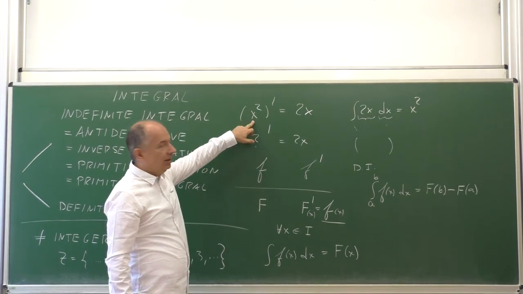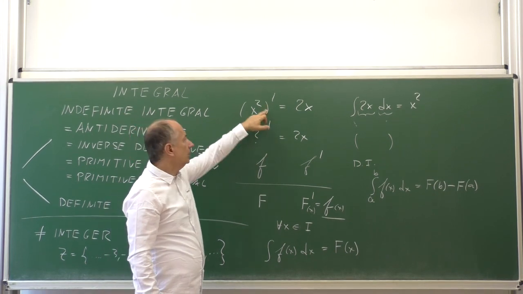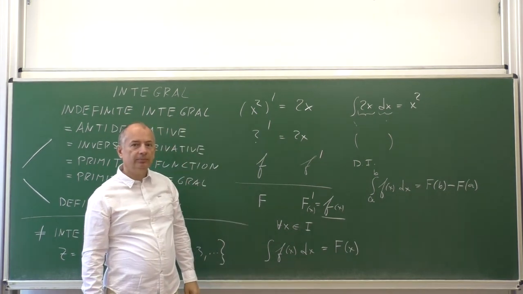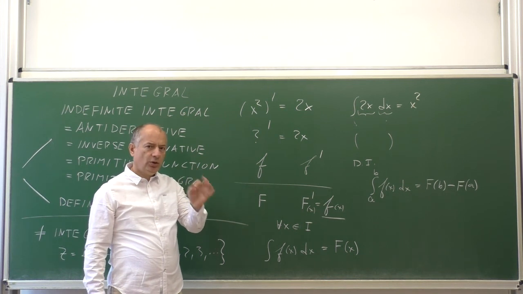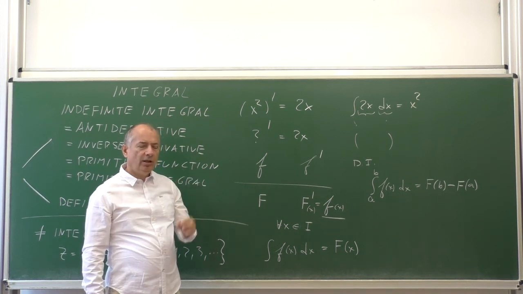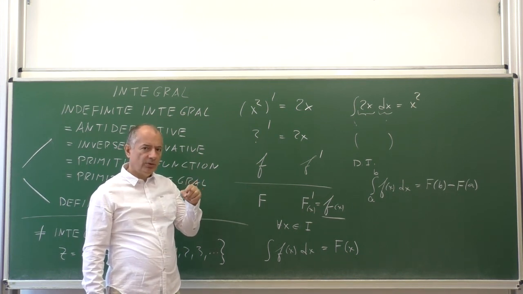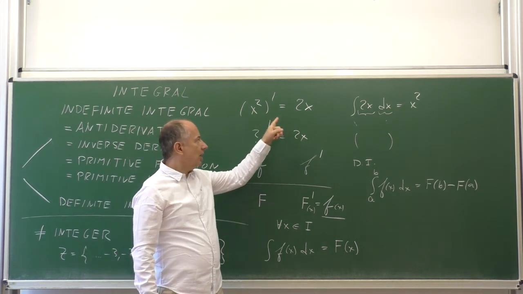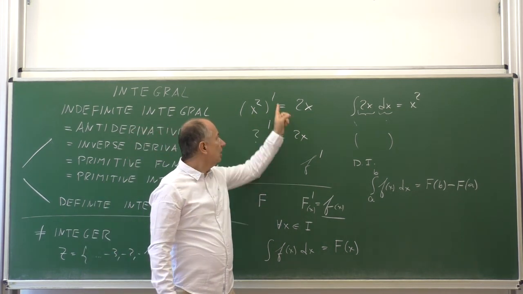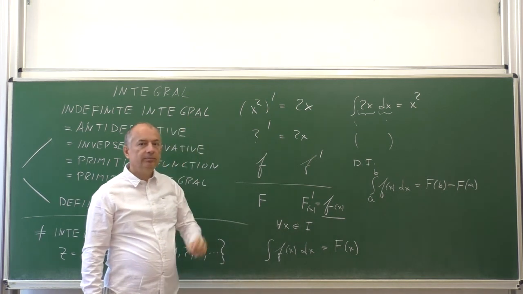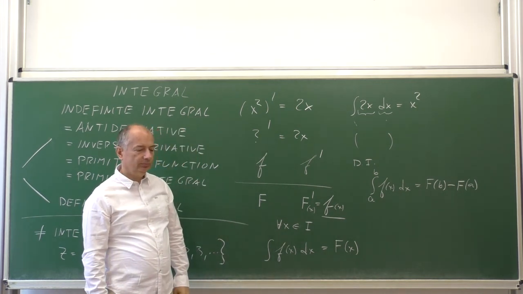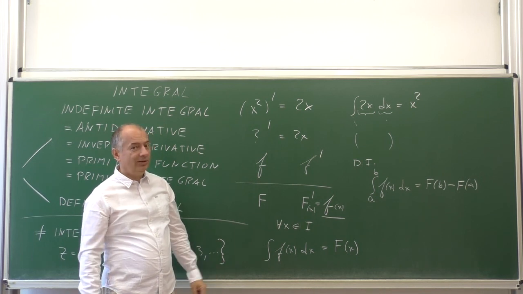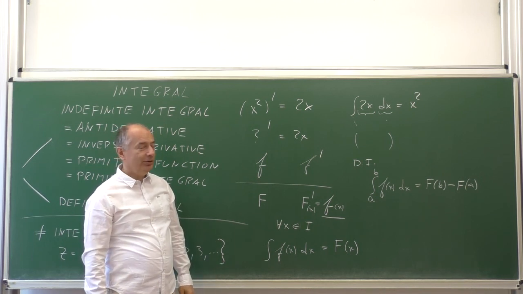Is x squared the only function with the derivative being 2x? I suggest you stop the playback for a moment and think over this question yourself. Is x squared the only function with the derivative being 2x? Stop the playback. Okay, now you can again continue.